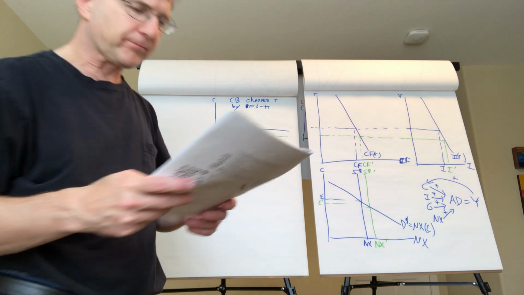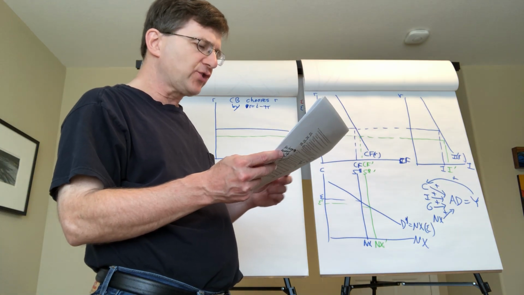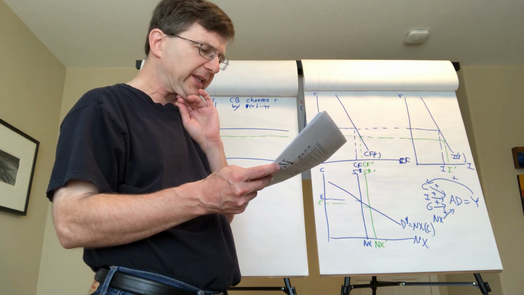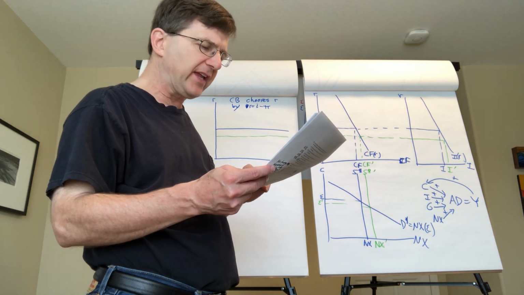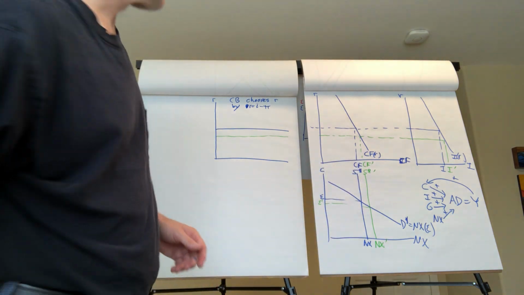Okay, question 38. Suppose in the short run, people get worried about the stability of the rest of the world outside the United States, sometimes called risk on. What should the Fed do to get aggregate demand back to what it was before the shock?